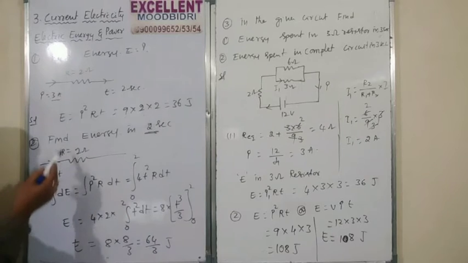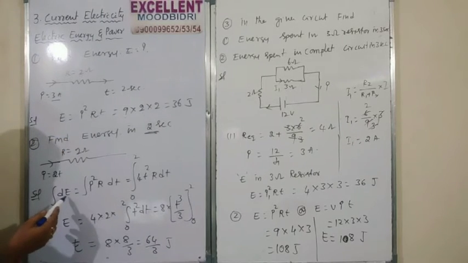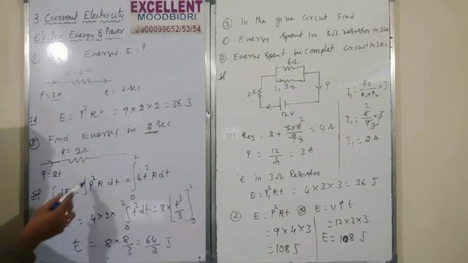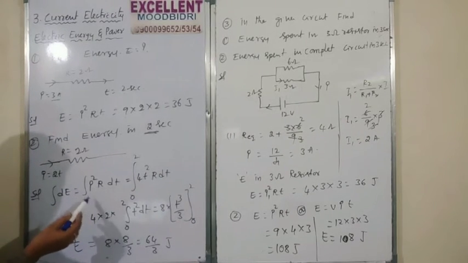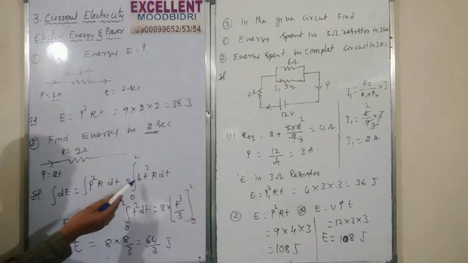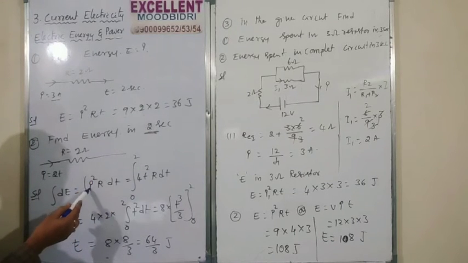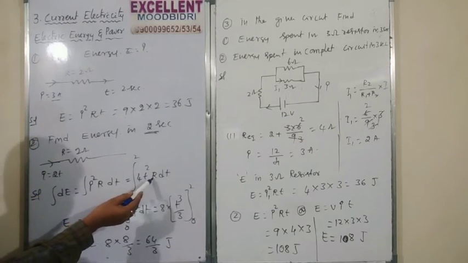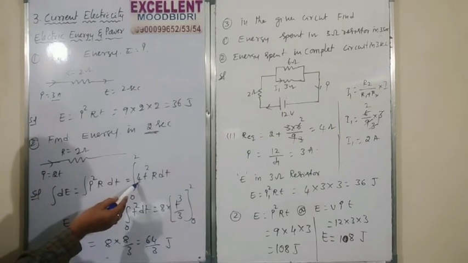Therefore, E is equal to I square into RT. Therefore, dE is equal to I square R into dt. Correct? Integral of I square into R into dt. The limits are 0 to 2 seconds. I is equal to how much? 2t. 2t squared means 4t square, so 4t square R into dt. So what is the constant? 4 and R only, na?